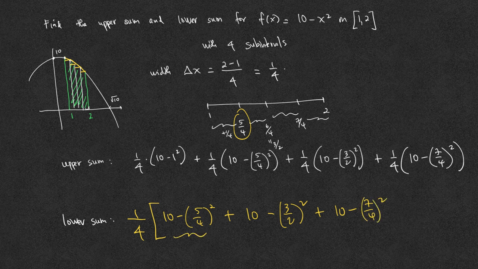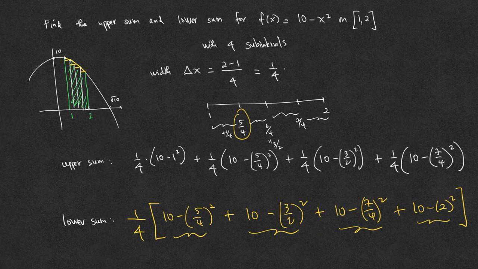And we need to have 4 terms. The next rectangle has the height of 10 minus 2 squared. Notice that if we factor out 1 over 4, the expression looks much simpler. Regardless, if we use n equals 4, we would need to have 4 terms in the sum.